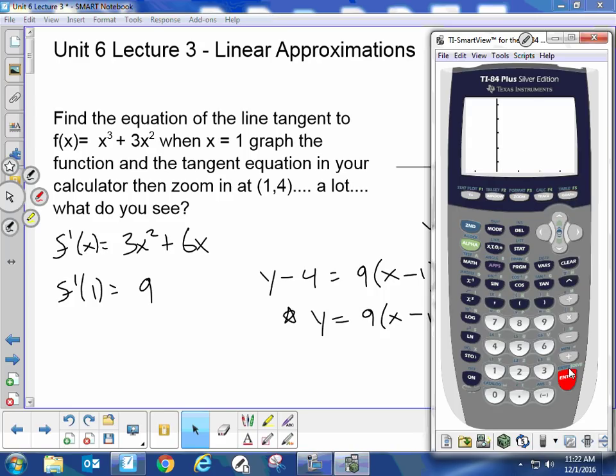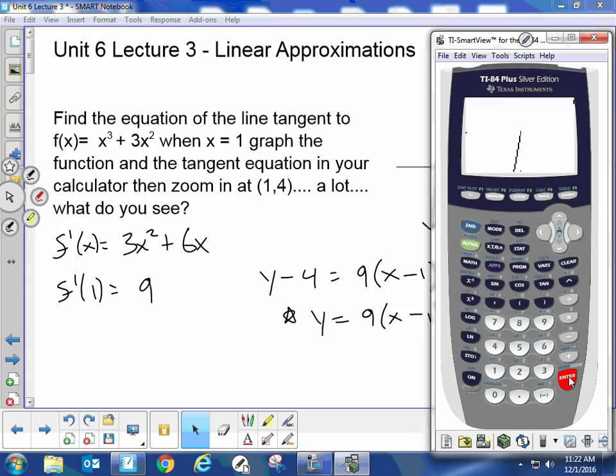Now what's nice is once you press zoom in once, you just keep pressing enter, and it goes right back to the spot. Okay? So we're close to (1, 4). Zoom in. Okay, let's just make sure we're right at (1, 4). There's (1, 4). Let's zoom in.